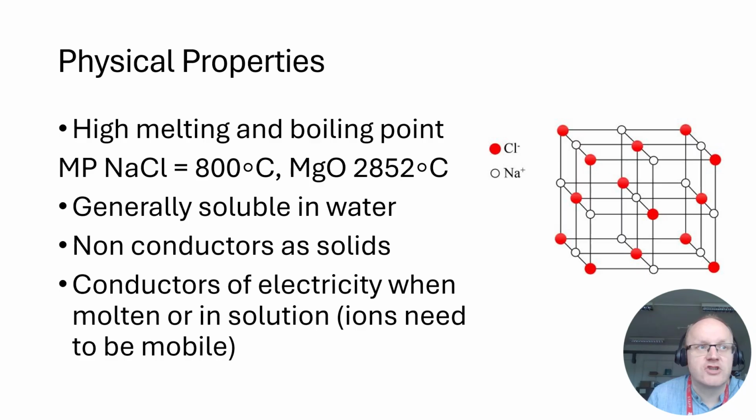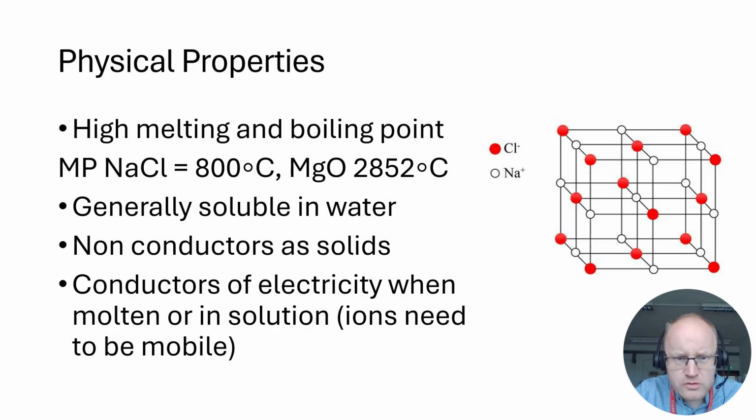Positive and negative attract each other. In sodium chloride, they arrange themselves in this cubic structure, which maximizes the attractive forces while minimizing the repulsive forces. So it's opposite reds and whites, which are the chloride and the sodium ion.